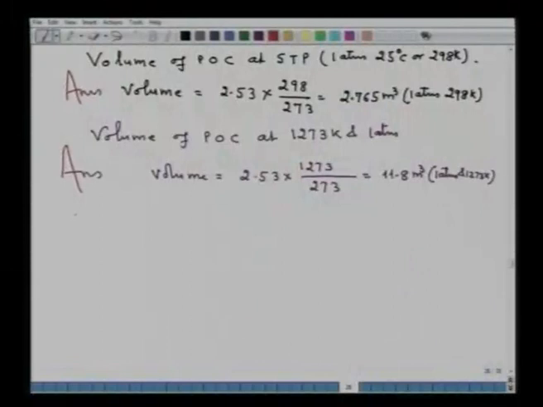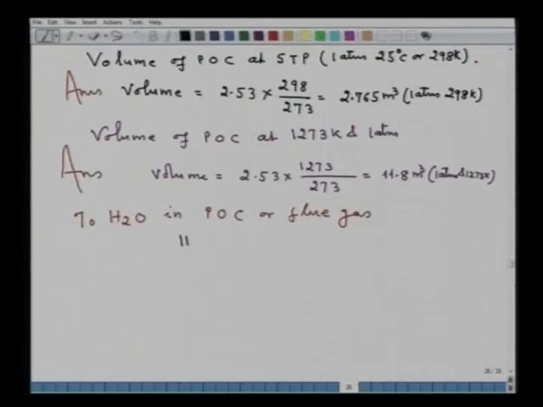Let us take the next: we have to find out percentage H2O in POC or flue gas. It does not matter in which order you calculate, as long as you report all that is being asked. Percentage H2O is very straightforward.